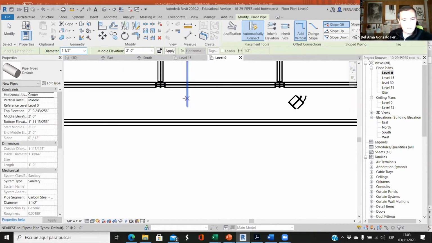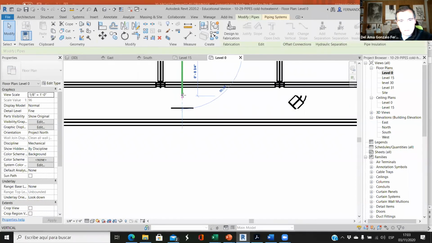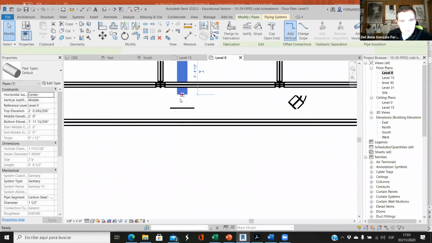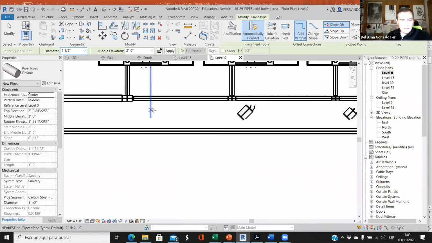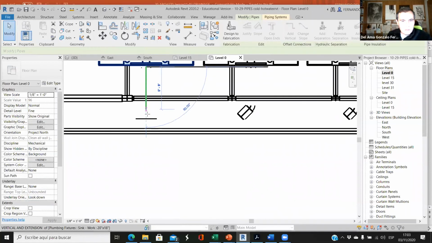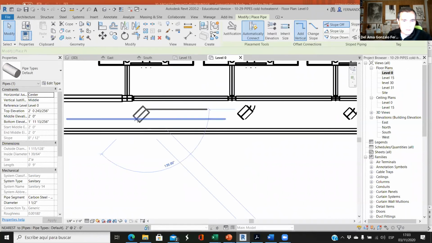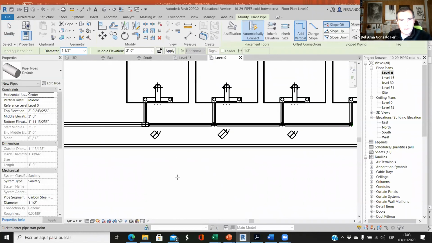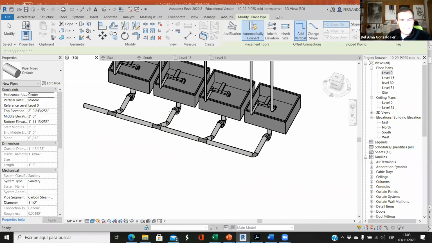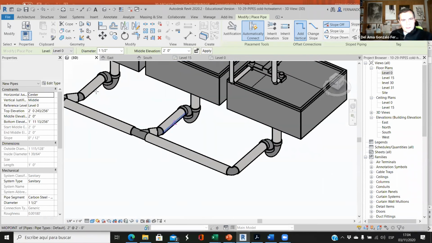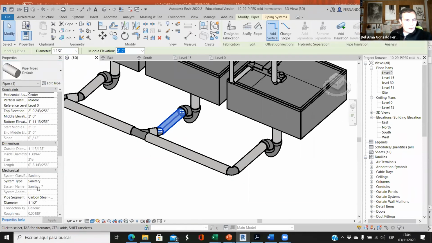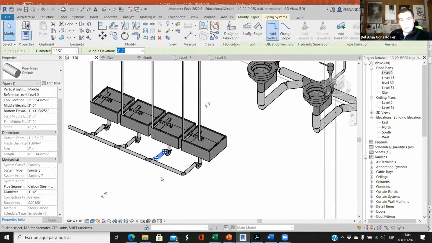Draw pipe. Sometimes if it's not 45, it has to be 135. Okay, so it can be either 45 or 135, but the angle is important. And now finally, we have this one, 135, and the angle is there. And now, yep, this is it. And what is the size of this pipe? It's 1 1/2. Okay.